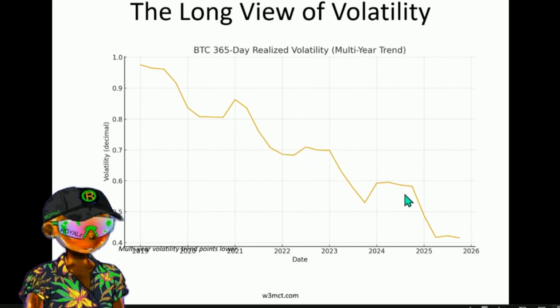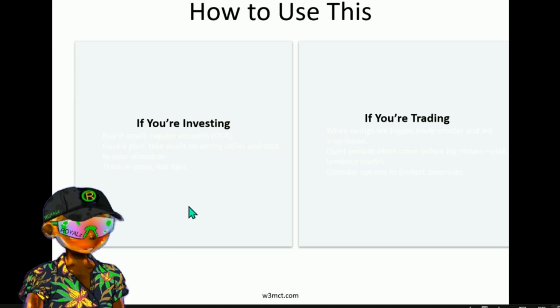And you can see now where we are today, even though volatility has increased drastically since all of this news recently, we are at a multi-year all-time low when it comes to the realized volatility of Bitcoin.